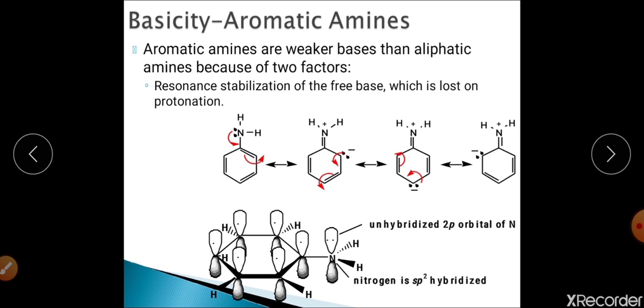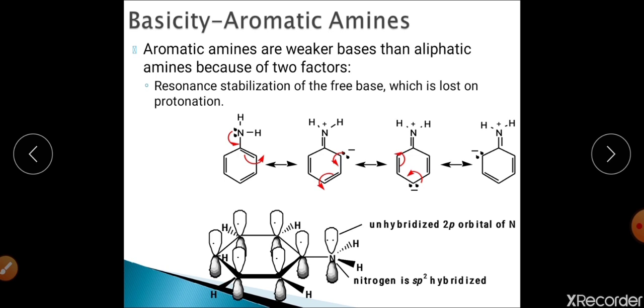The second reason that makes the aromatic amines less basic is that this nitrogen is attached to this carbon of the aromatic system, and this carbon is sp2 hybridized. In the aliphatic system, the nitrogen was attached to a carbon that was sp3 hybridized, and when we compare the electronegativity of the sp2 hybridized carbon and sp3 hybridized carbon, we know that sp2 hybridized carbon is more electronegative.